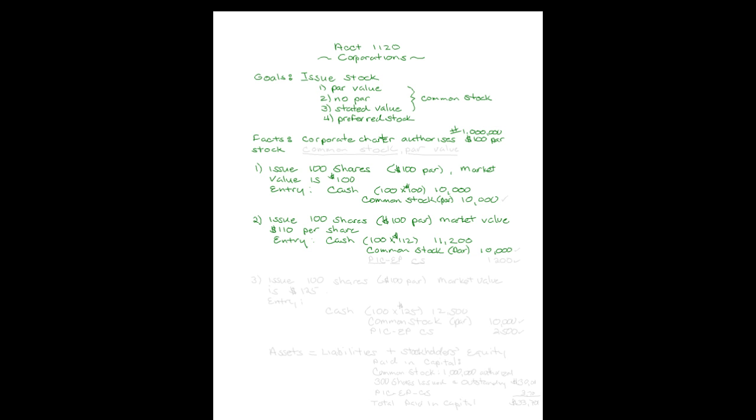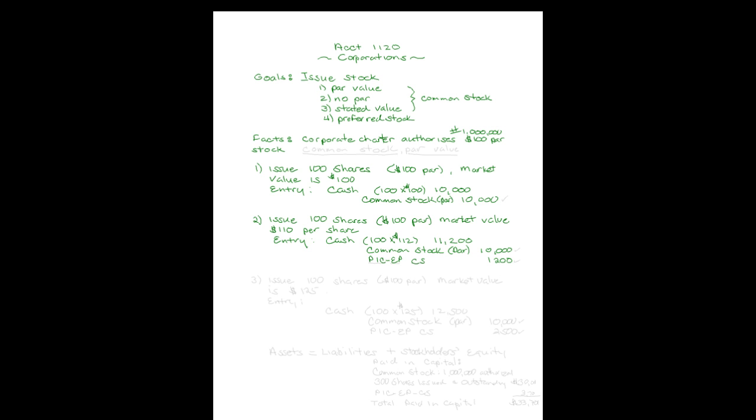And enter a new account, paid in capital in excess of par. I'm going to abbreviate, that's too much to write. For common stock. And in it goes the $1,200 we sold it for over par value.